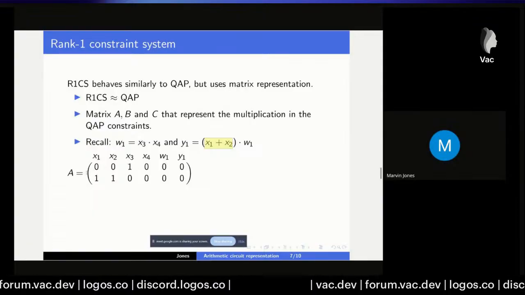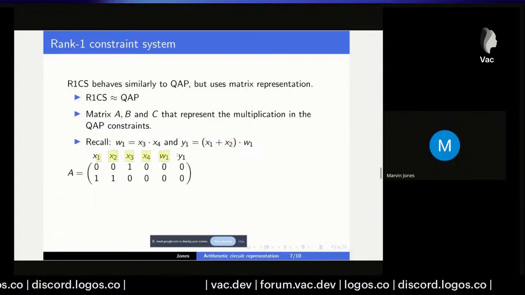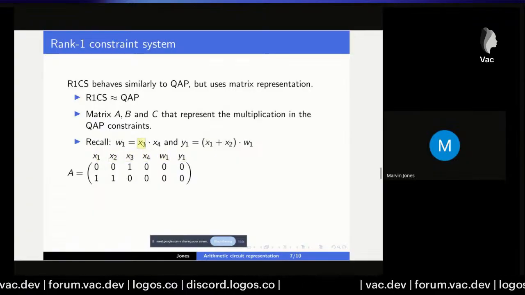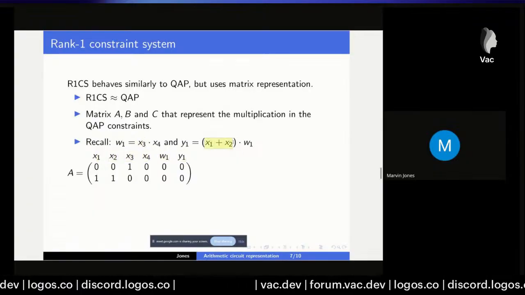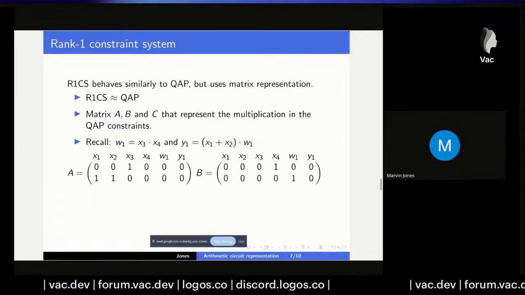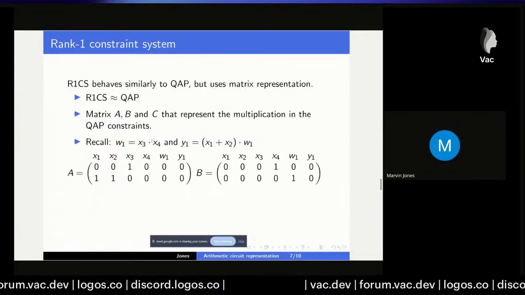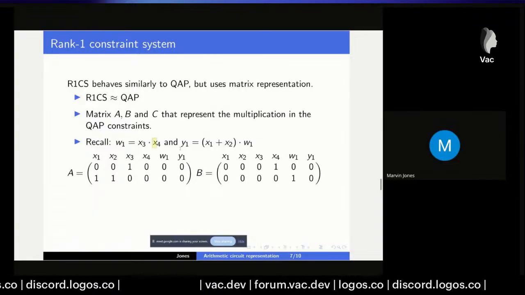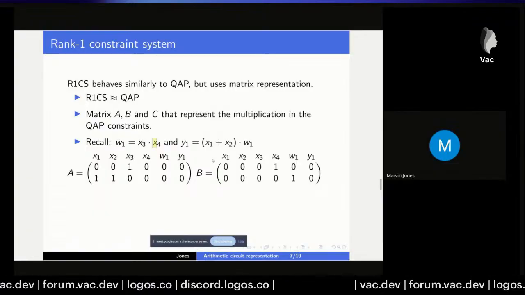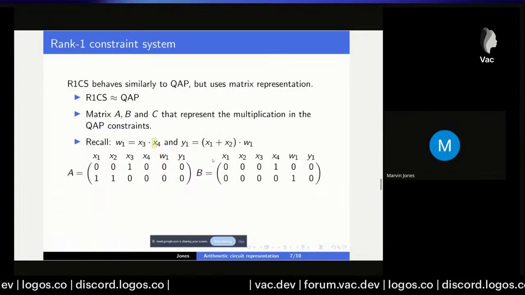So when I multiply matrix A times this vector, it will give me the x3, and it will give me the x1 plus x2. And I can do a similar thing to get matrix B. And what that will do is, when I multiply, it will give me x4, and it'll give me this W1. So we have a way to nicely represent our multiplication.